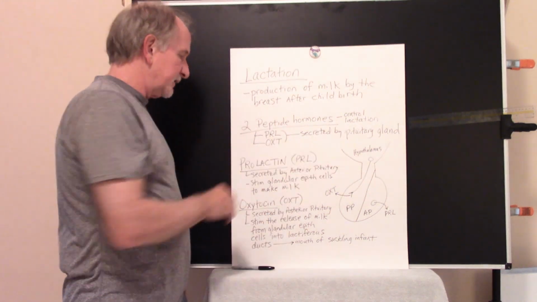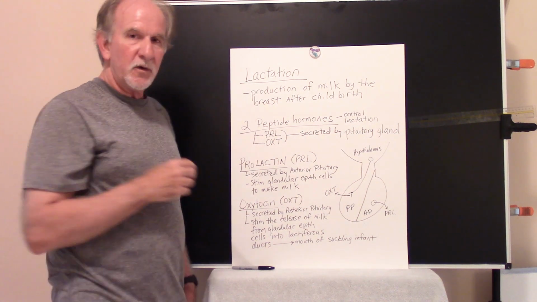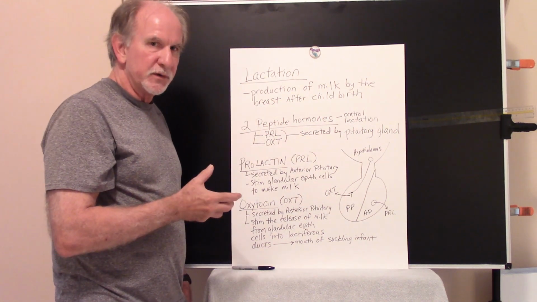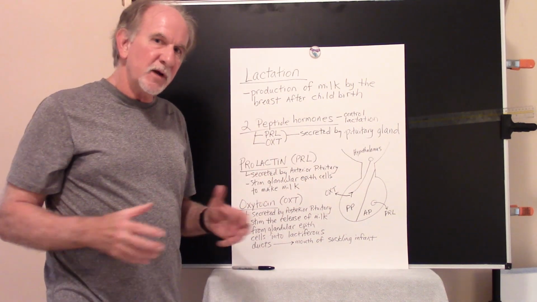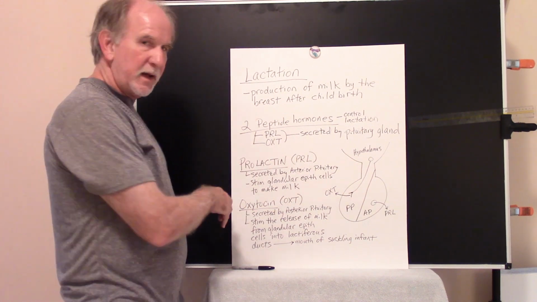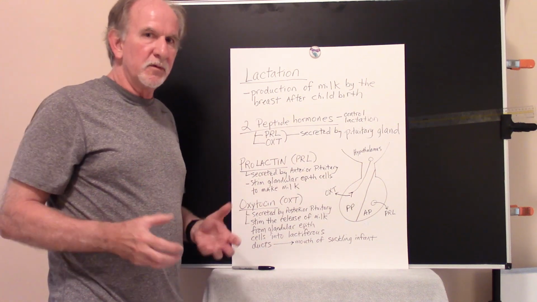So prolactin is abbreviated PRL, and it's a hormone that's secreted by the anterior portion of the pituitary gland, and it stimulates the glandular epithelial cells of the lobules within the breast to make milk. And these cells then would fill up with milk as a result.